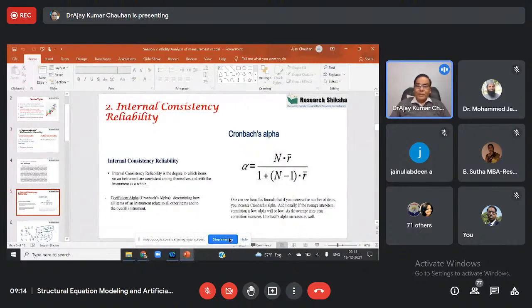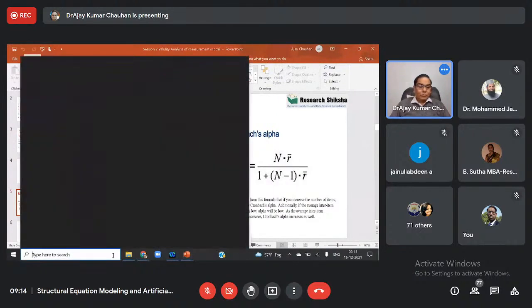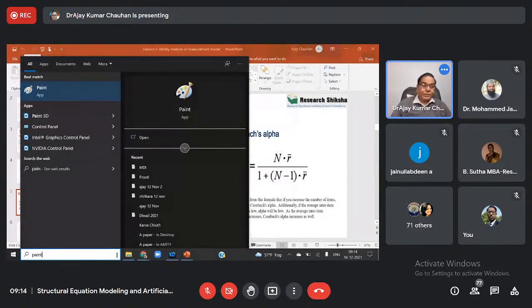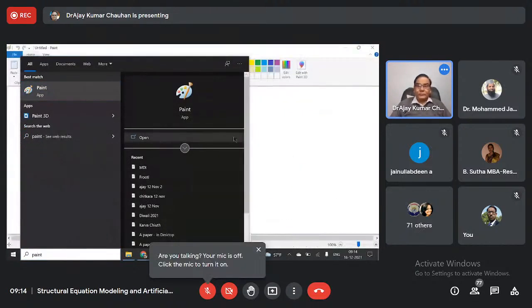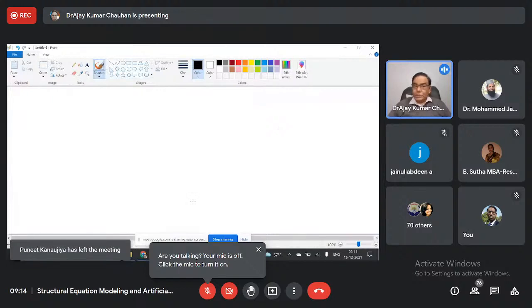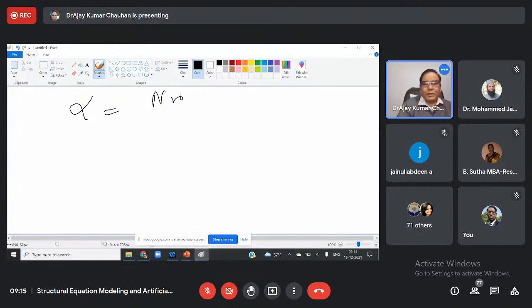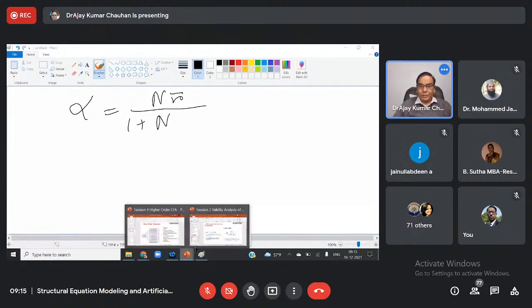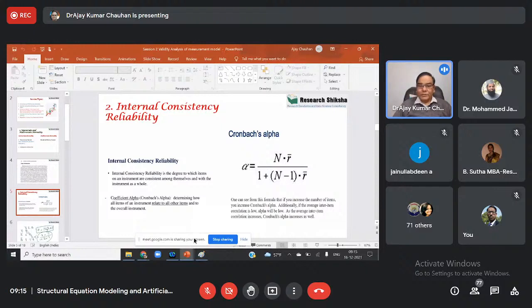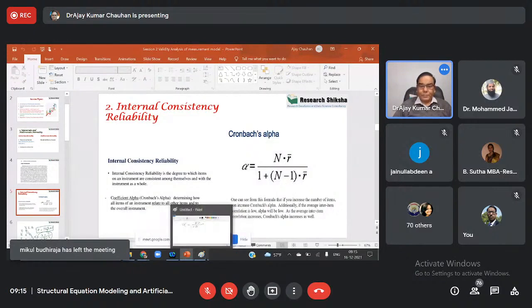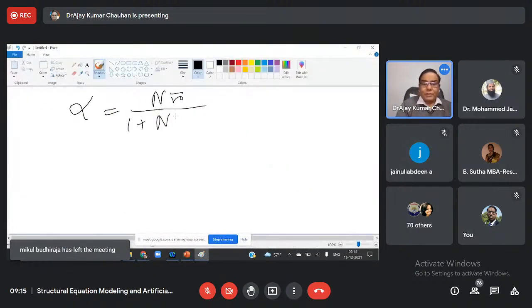Now here I am telling you some of the conclusions. So let me open Paint. Okay, so now I'm explaining it like this. The alpha is equal to n r bar upon 1 plus (n minus 1) into r bar.